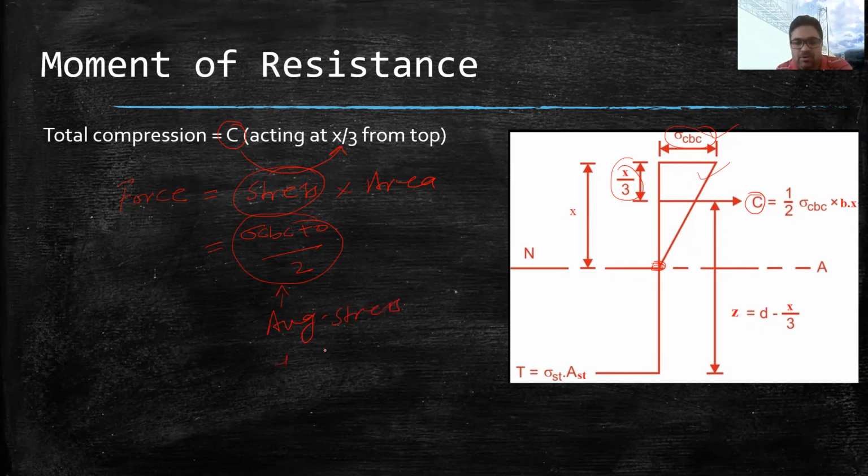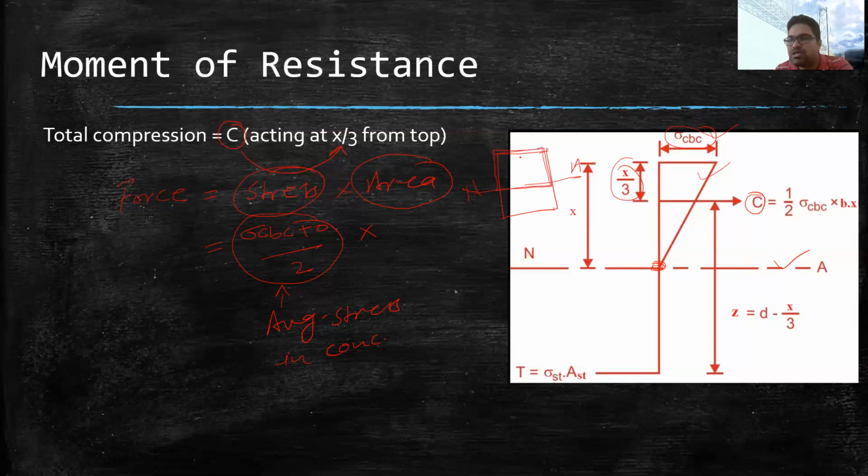in concrete, and it is multiplied by the area. Now, for the area of concrete, we know that only the area of concrete above the neutral axis is effective. This is the beam section, this is NA. So we consider only this part of concrete, which is effective in compression.